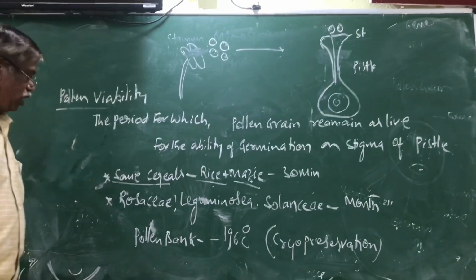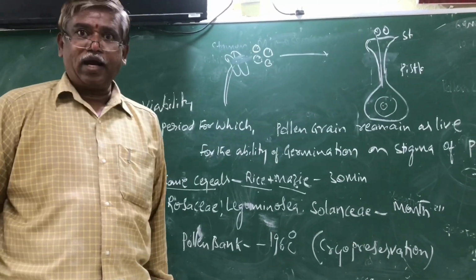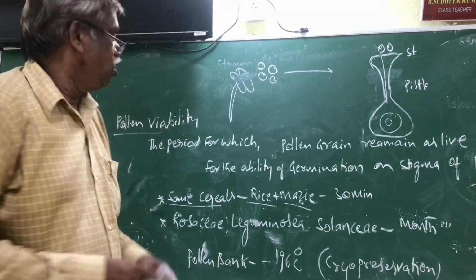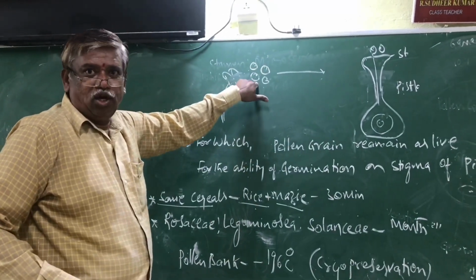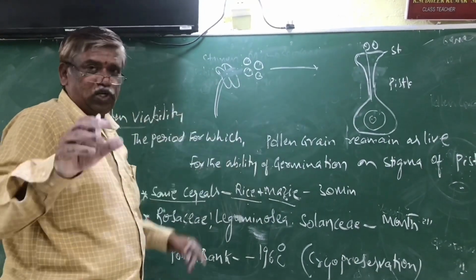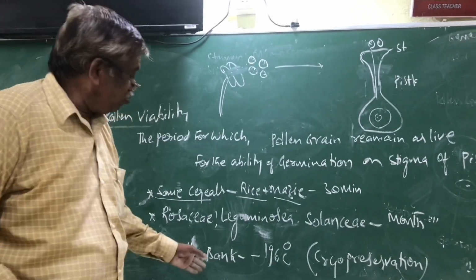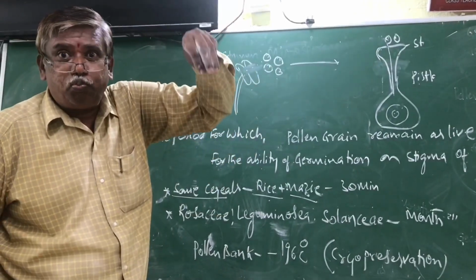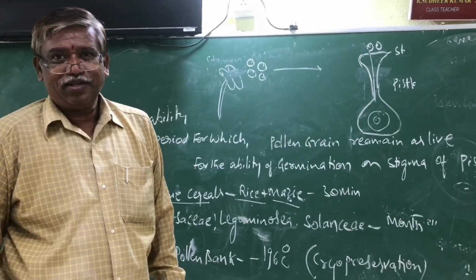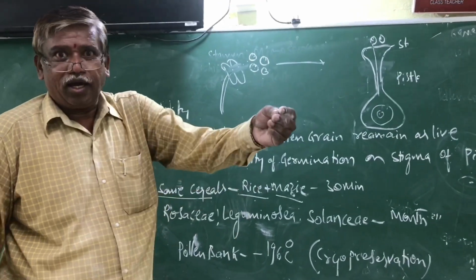Now come to the pollen bank. Generally, you have heard of blood bank, eye bank to store blood. Similarly, these pollen grains we can store. This is called pollen bank. Some important process occurs in the pollen bank to preserve the pollen grain. That process is called cryopreservation.